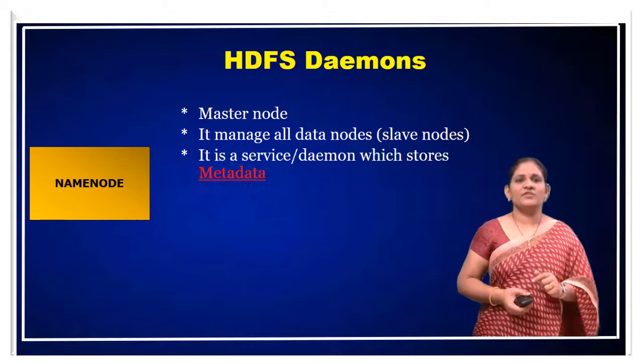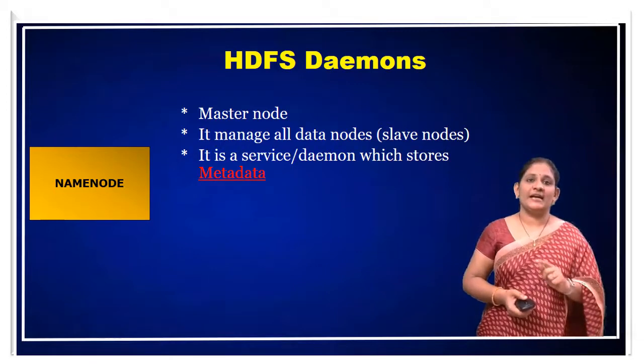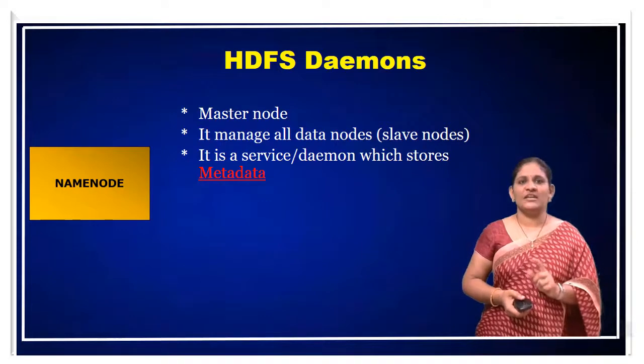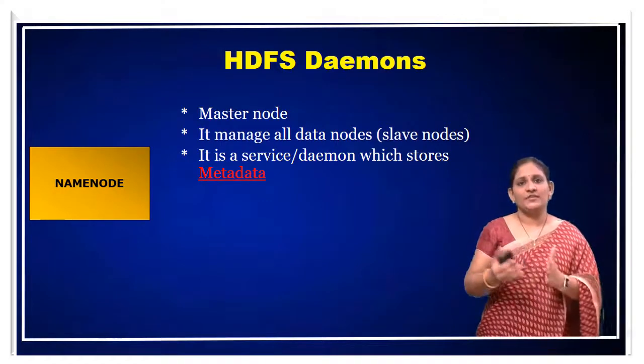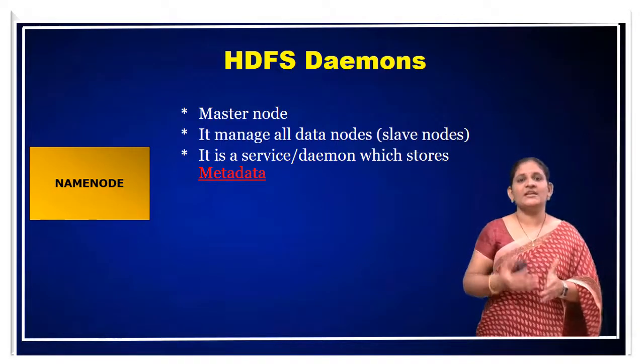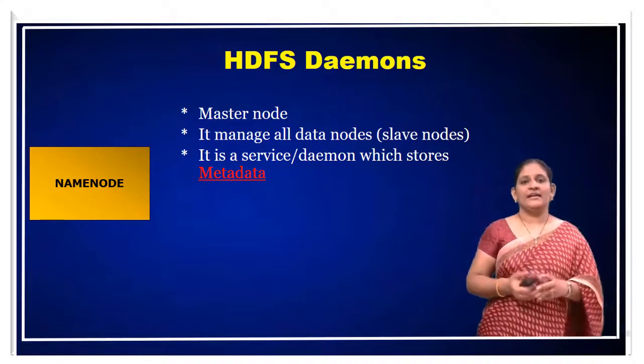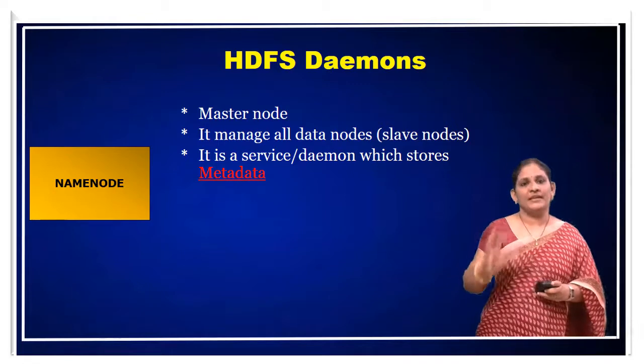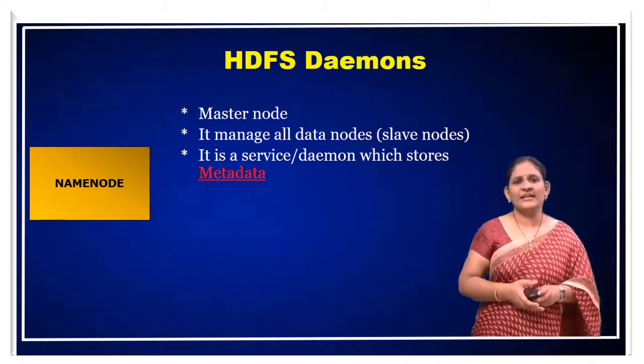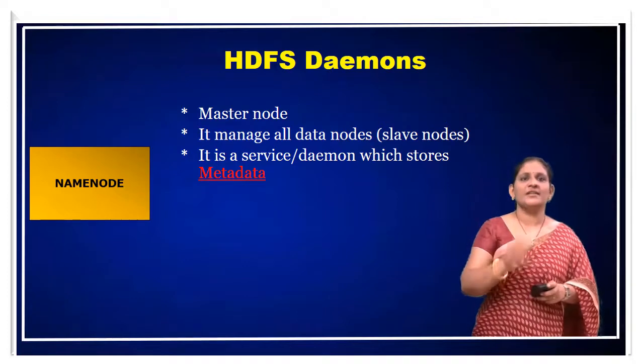And the major task of the NameNode is to store metadata. If anyone asks what is the major task of the NameNode, the NameNode stores the metadata. So what is metadata? At a high level, metadata means the data which describes another data.